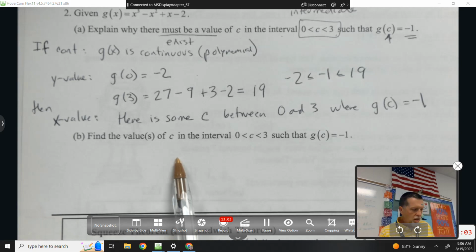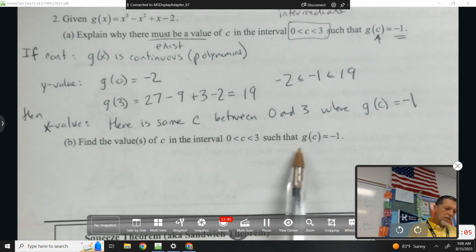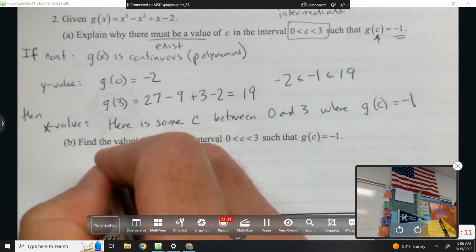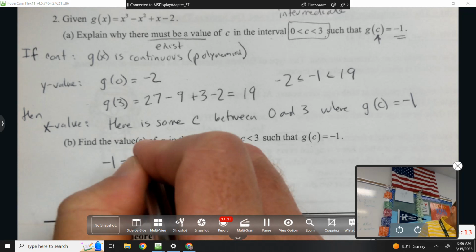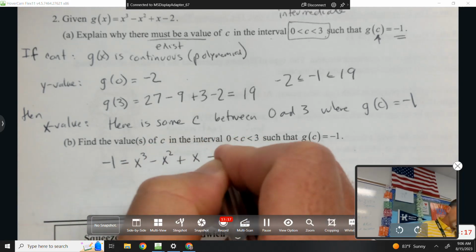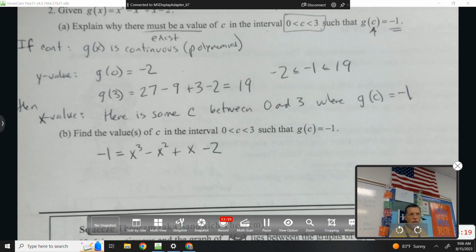Part B. Find the value of c such that g of c equals -1. Okay, so the answer is -1, and we want to find where that happens. We're going to plug in -1 for the y value, and we should get an answer that's between 0 and 3.